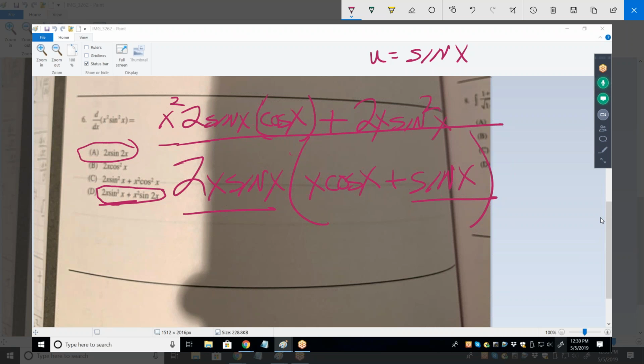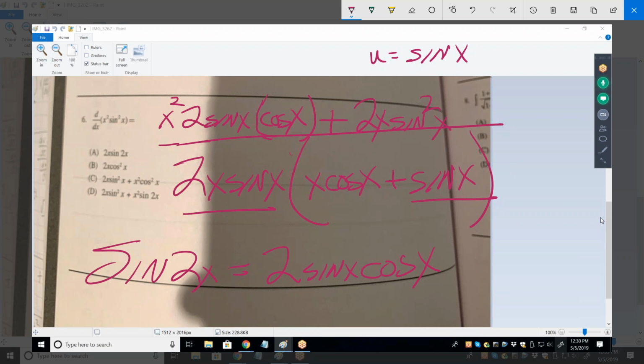That's important because we know the sine of 2x is equal to what? What's its identity? It's actually equal to 2 sine x cosine x. That is the double angle identity for sine x. Now, notice what that is right there.